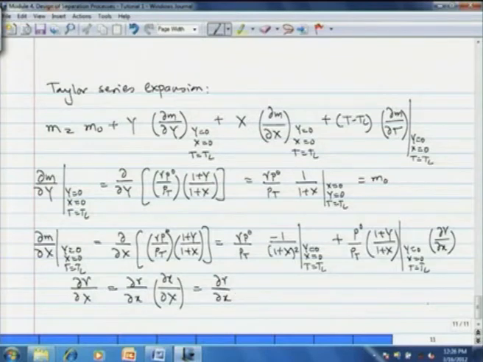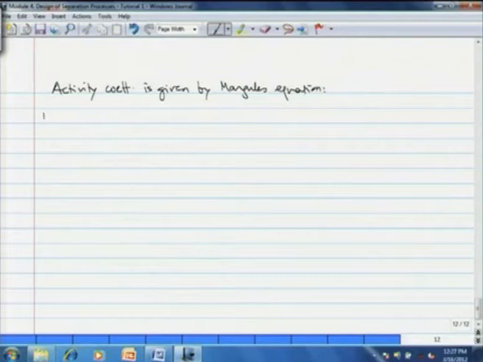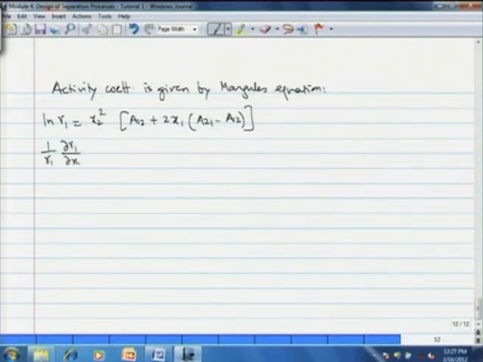Now activity coefficient is given by Margules equation, and then we try to develop an expression for dou gamma by dou x using that. Margules equation is ln gamma 1 equals x2 square [a12 plus 2x1 into (a21 minus a12)], then taking derivative with respect to x.